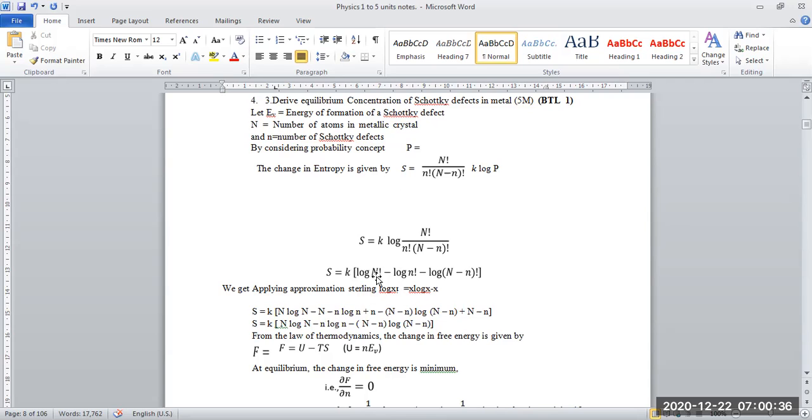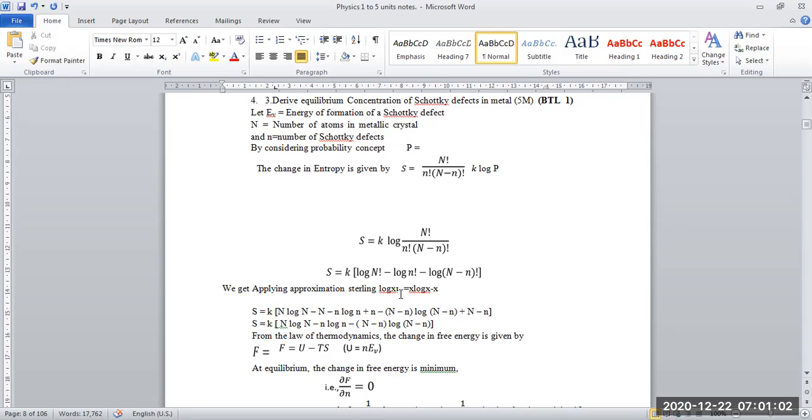So whenever you find a factorial, that factorial can be written as x log x minus x. This is a general formula you can apply to the capital log N factorial. So here it will become S is equal to k into N log N minus N. And for the second one, small n log n. So already minus is there, right?